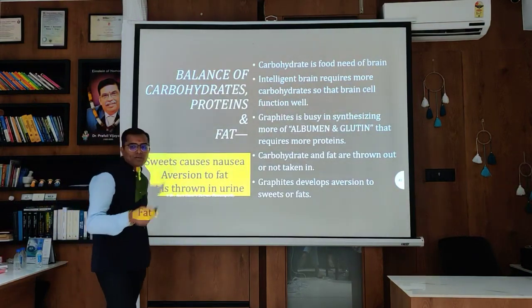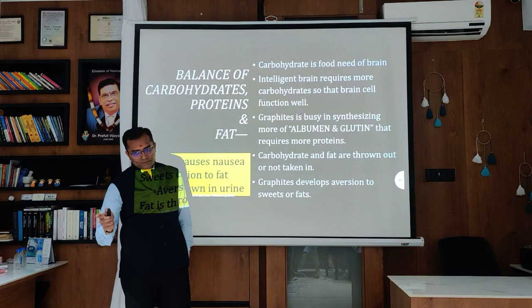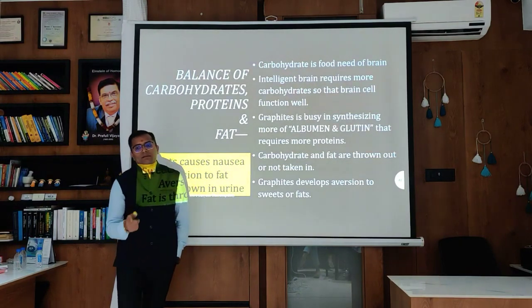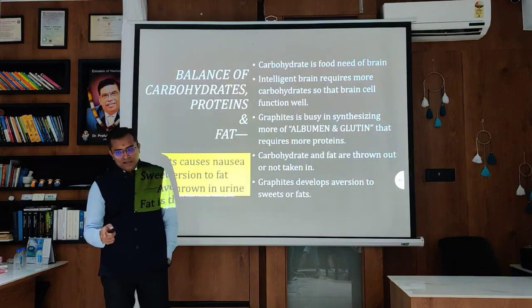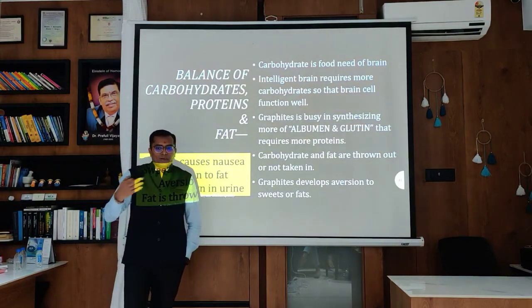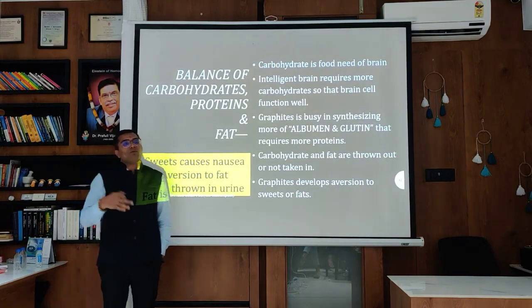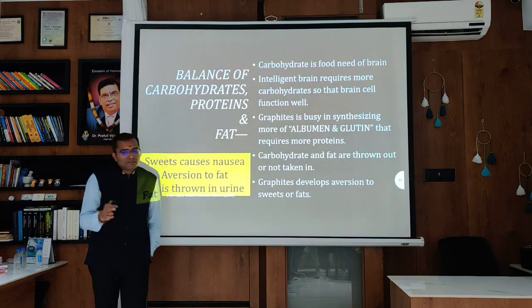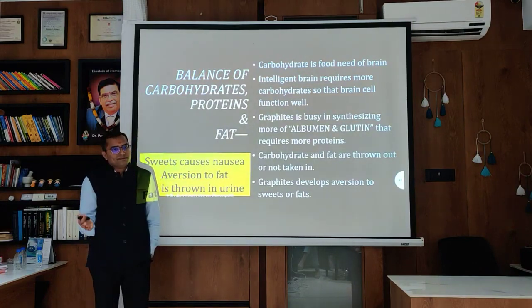So what happens? Carbohydrate is food for the brain. An intelligent brain requires more carbohydrate so that the brain cells function well. Graphites is busy synthesizing more albumin, the protein part, and gluten, which requires more protein. So carbohydrate and fat are thrown out or not taken in because they need only protein.